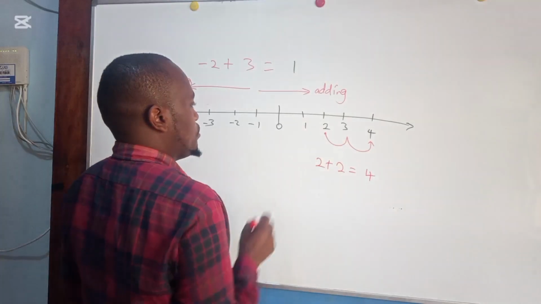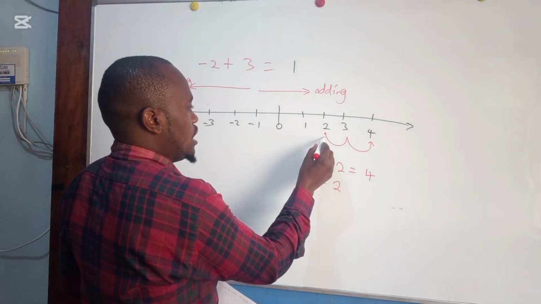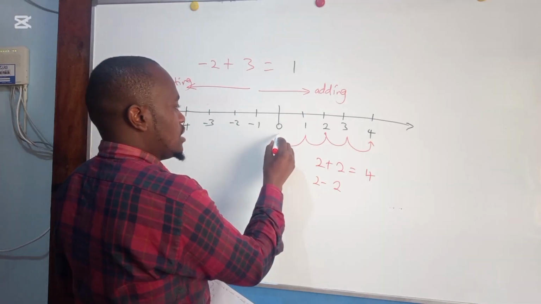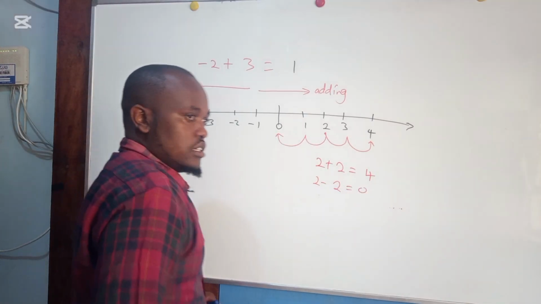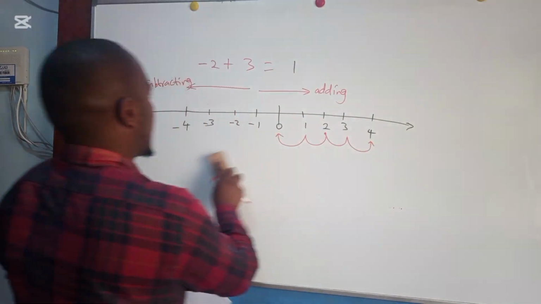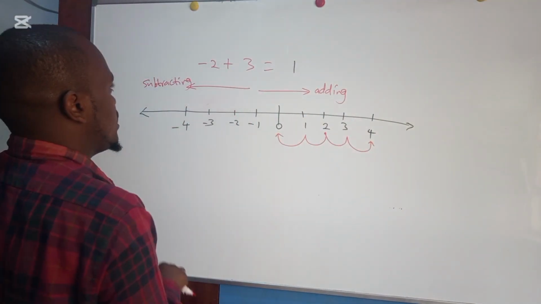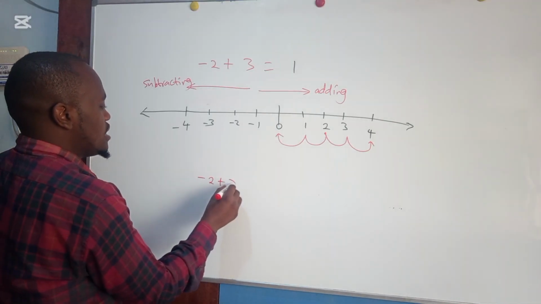What about 2 minus 2? You begin here at 2, you go this way 2 times, and the answer is 0. I started with this simpler one so that we can answer the given question. So you are given -2 plus 3.